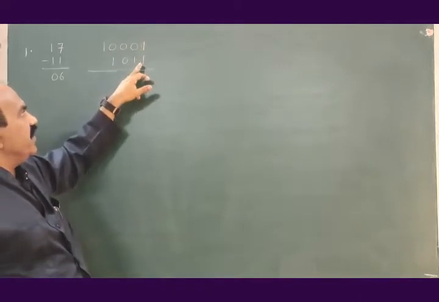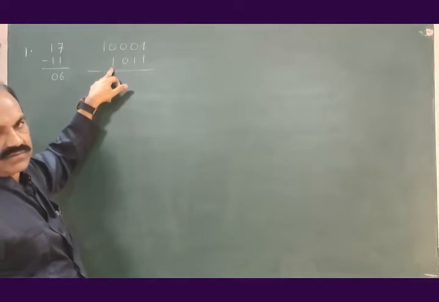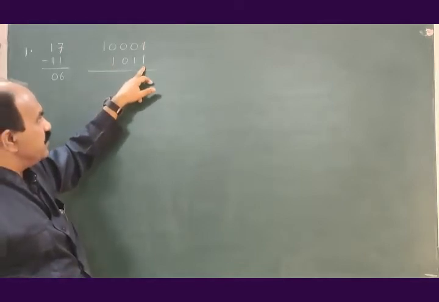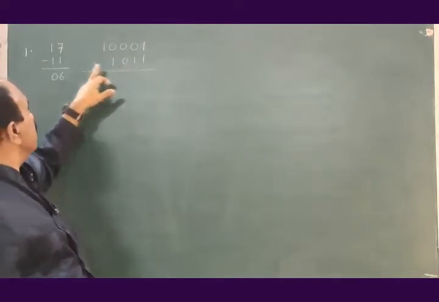This is 3, 2 to the power 0, 1, 2, 3. 2 to the power 3 is 8. 8 plus 3, 11.